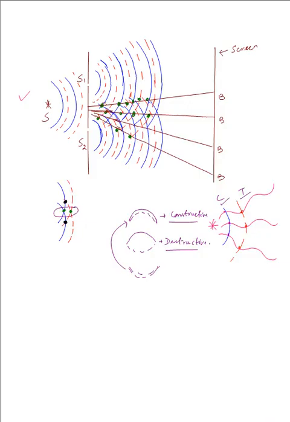If you mark them, they are the points where the blue wavefronts, those due to the crests, have fallen over the blue wavefronts. That means a crest over a crest. And then the next one is that of a trough over a trough. So that again is also constructive. All those constructive interferences are what I have represented by those green dots.